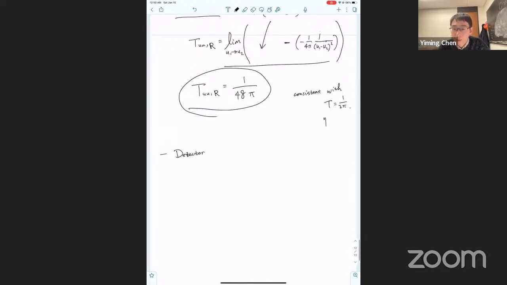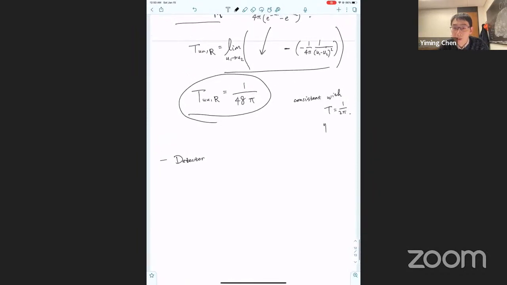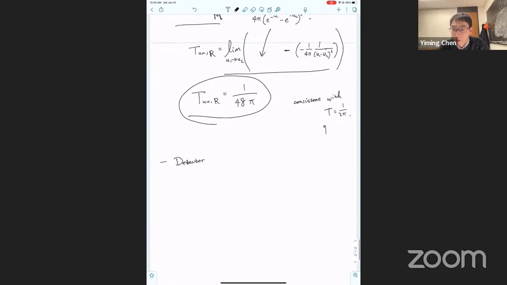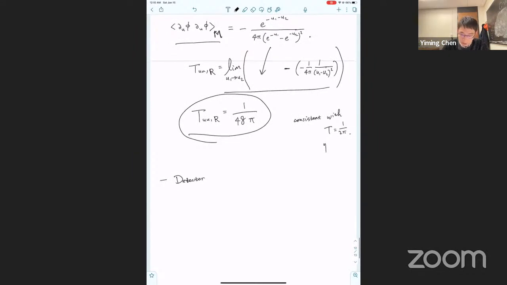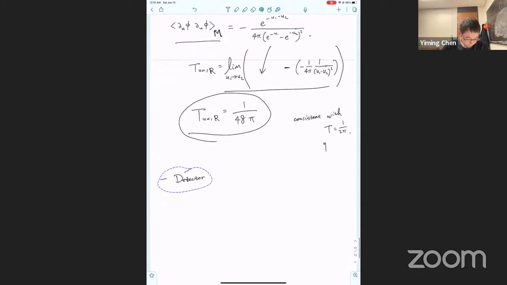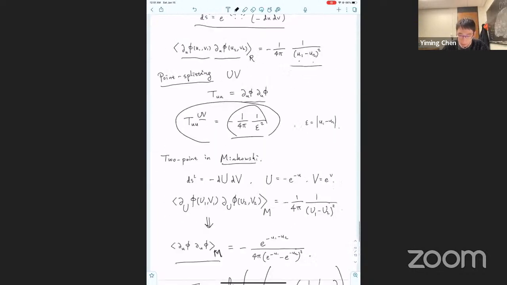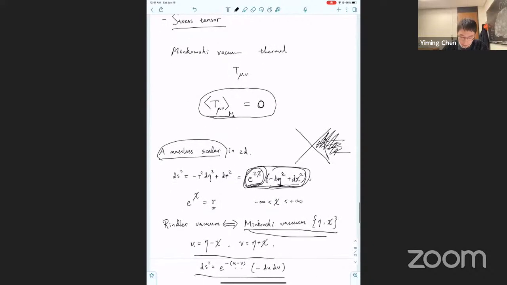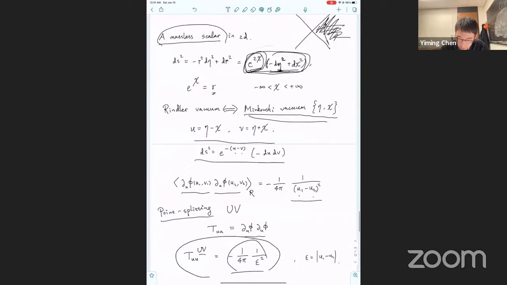I'm not sure what you mean by T. Maybe the temperature, probably. Oh, temperature. Okay. Let me just say what I want to say. So here it is a conformal field. Let me just write it down.